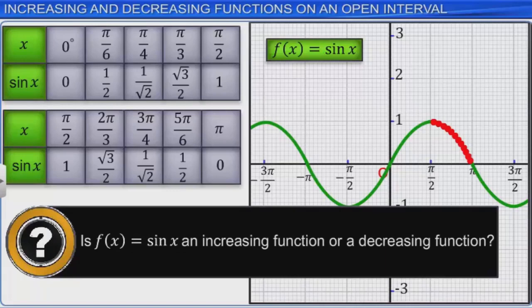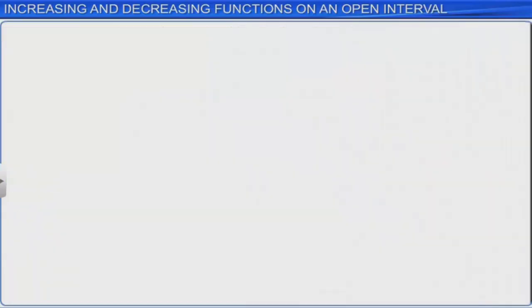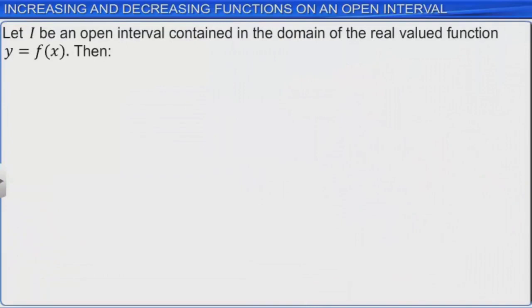Let's see the analytical definition of an increasing or decreasing function on an interval to answer this question. Let I be an open interval contained in the domain of the real valued function y is equal to f of x.